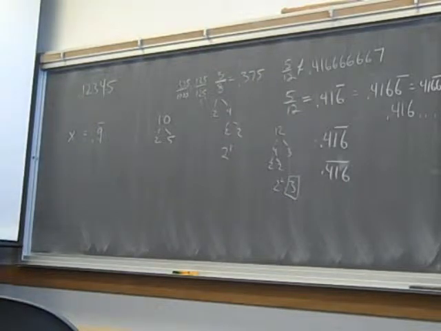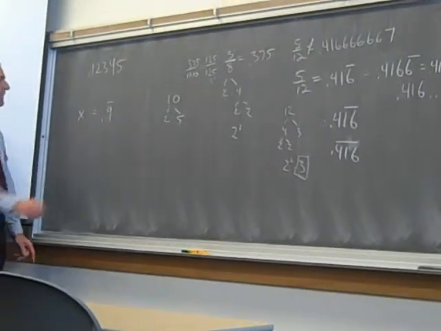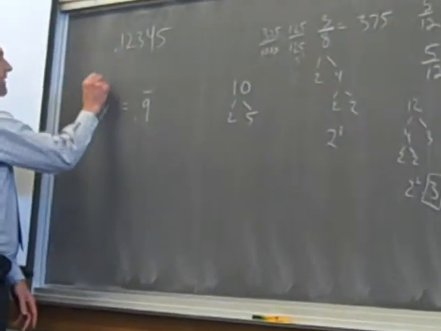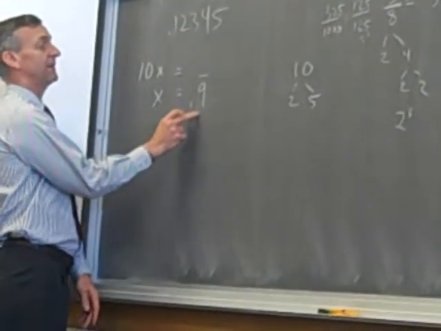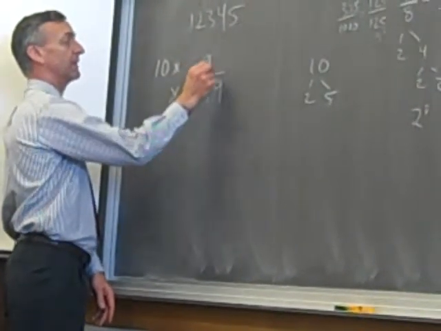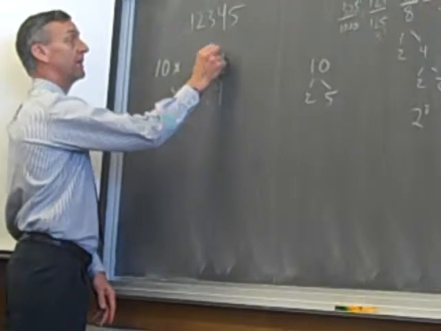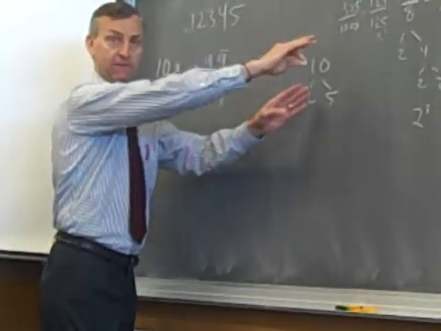Times both sides by 10 to the first, because we have 1 digit in the repetend. That gives us 10x is equal to what? Multiplying this by 10 does what to it? 9.9 with a bar over the 9. So these go 99999 forever, right?